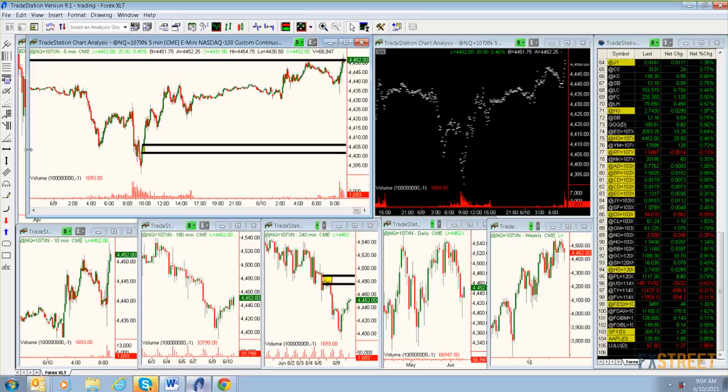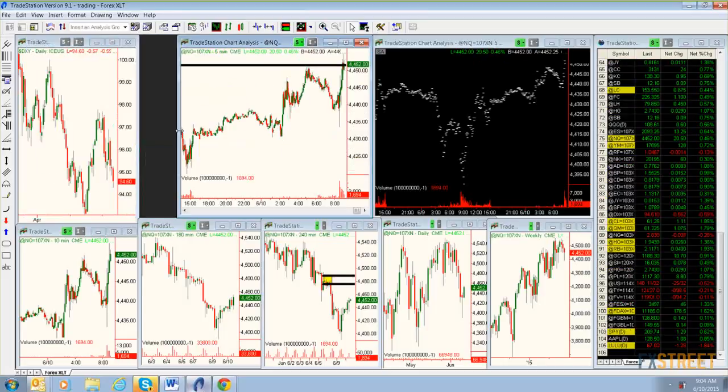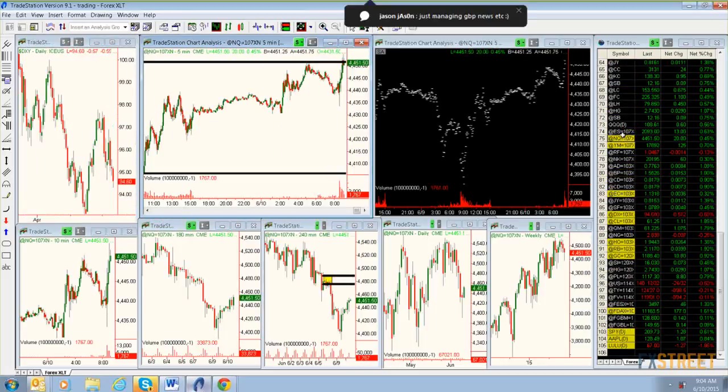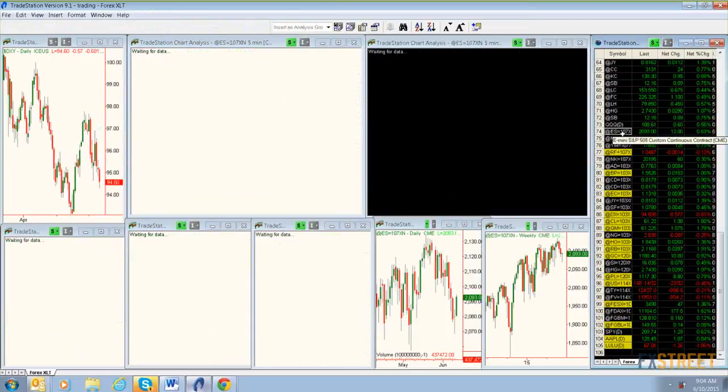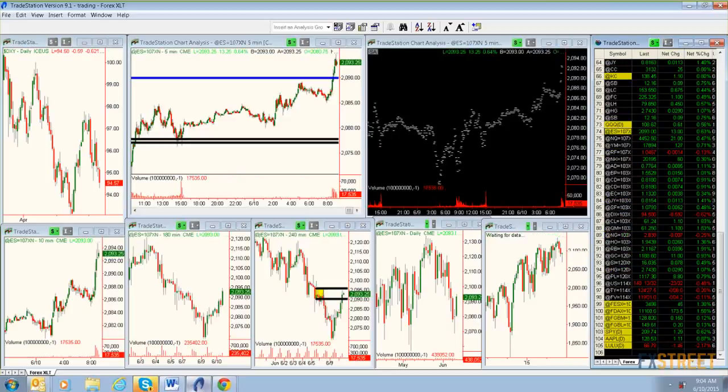Let's move on. The other thing I wanted to share with you is let's go from the NASDAQ right over to the S&P, which is pretty much the same market. Chart should need to catch up here a little. There we go.